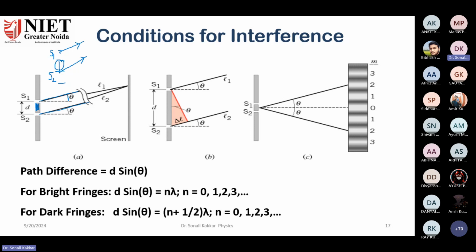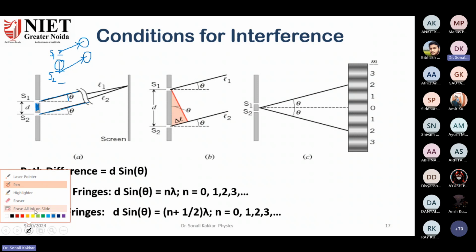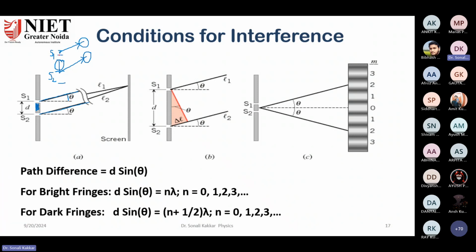So what we consider is the superposition of rays which come from the corresponding points of the slit. If the center of the slit is this point, let me denote it with red color. This is the center of slit S1 and this is the center of slit S2. So we consider the rays from these two points and superimpose them.